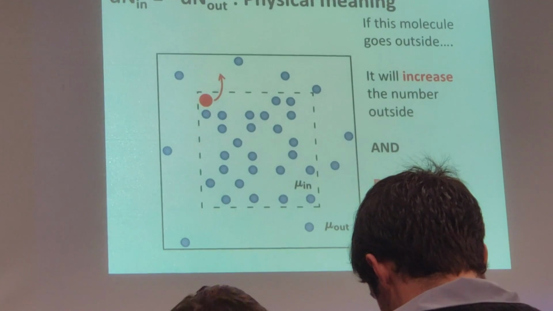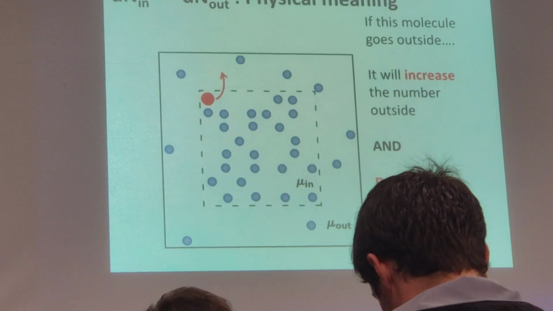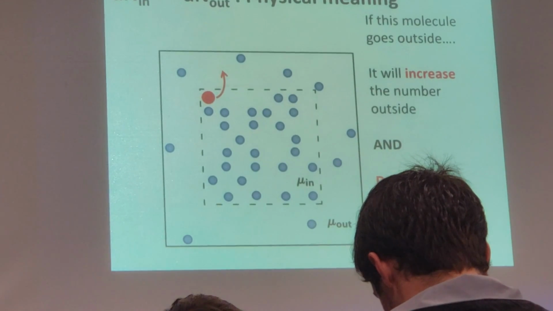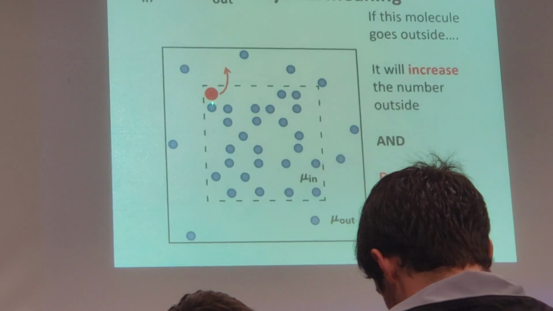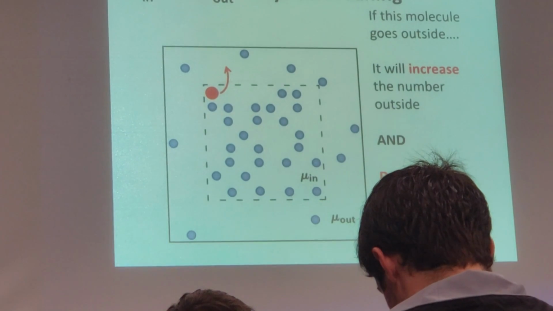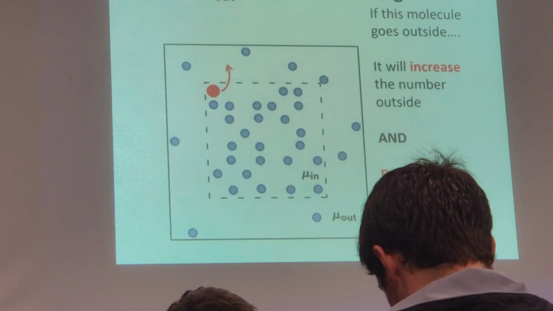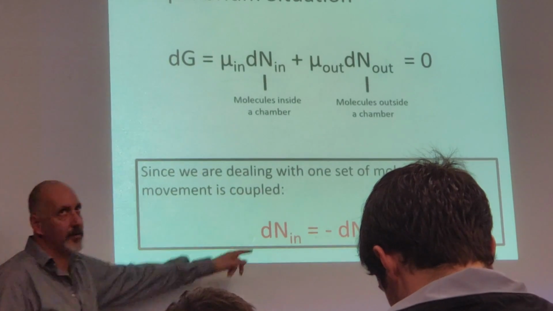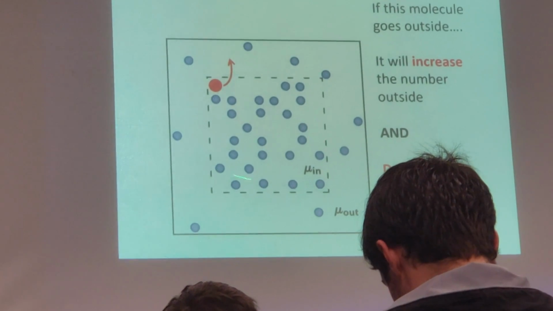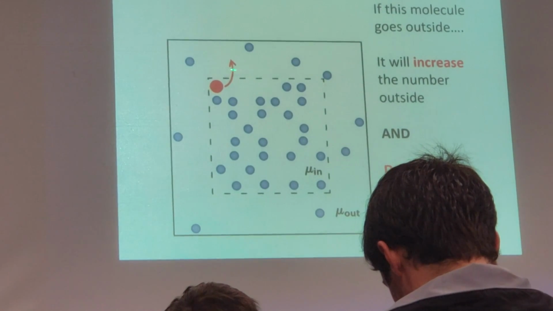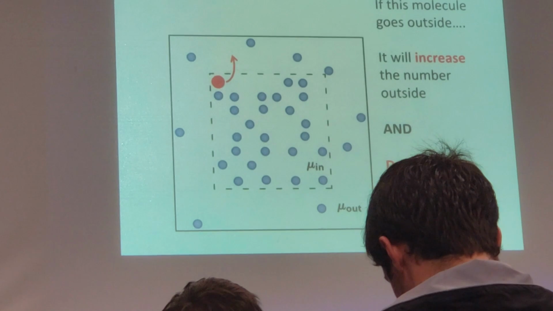All right, pictorially, what's happening? This is a good way to see it. I've just made one red. If I'm thinking about the change in the number of molecules, if I lose one to the outside, I'm going to gain one on the outside. Which makes sense: if I'm at 50 here and I go to 49, and I'm at 5, I'm going to go to 6.